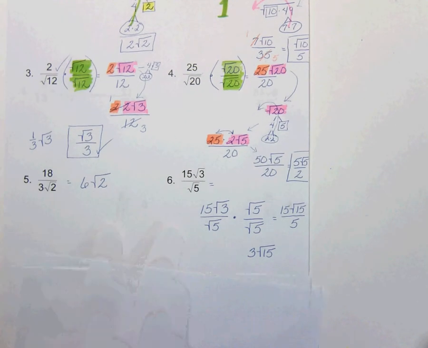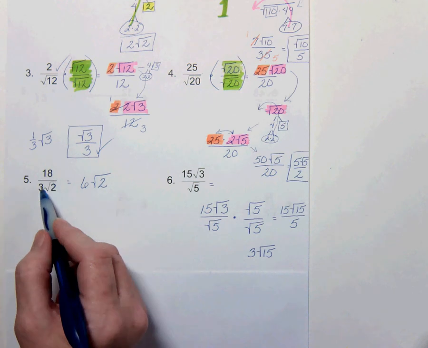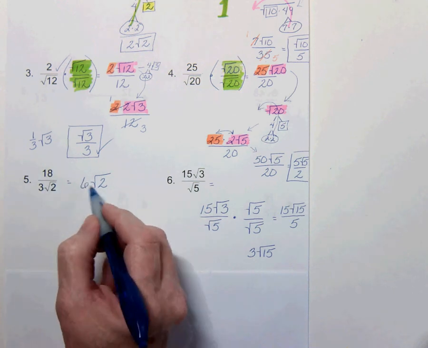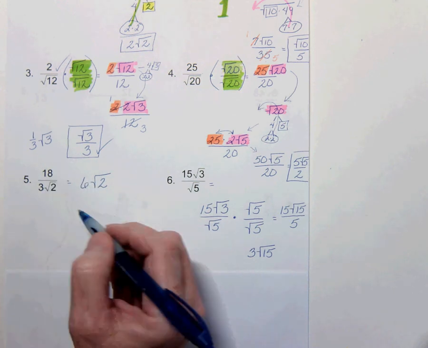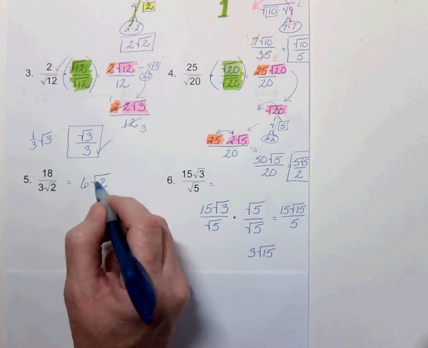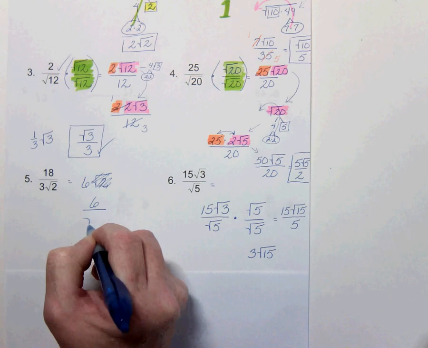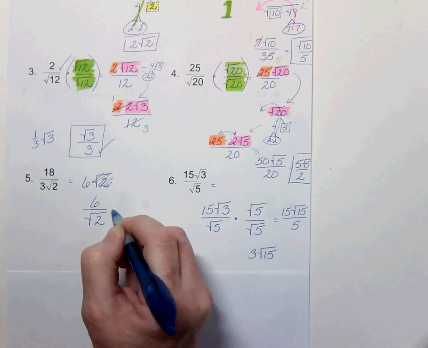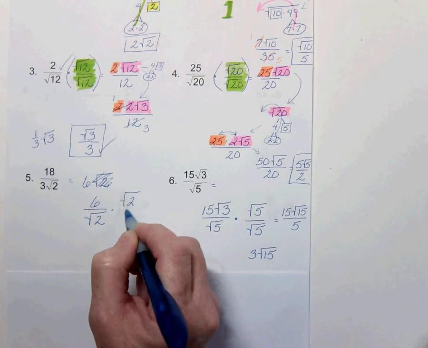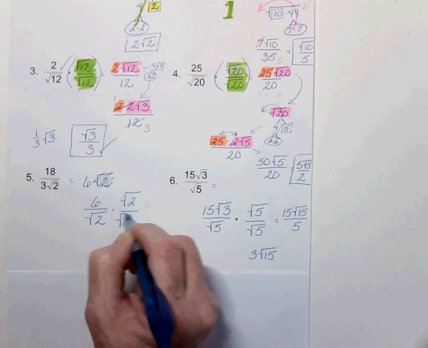Okay, number 5. 18 divided by 3 square root of 2. Well, 18 divided by 3 is 6. And, oh, you know what? I did that wrong. That's 6, but the square root of 2 doesn't move up to the top. This actually stays in the bottom. So that's wrong. It's 6 over the square root of 2. We want to rationalize that, so that's square root of 2 over square root of 2.